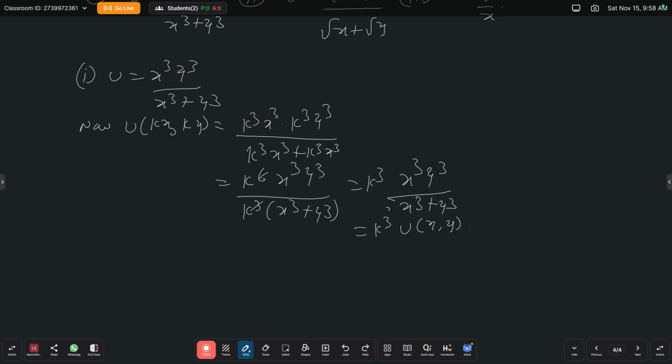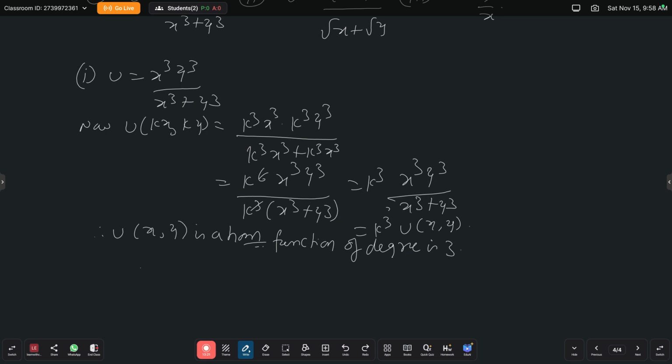So here u of x comma y is a homogeneous function of degree 3.